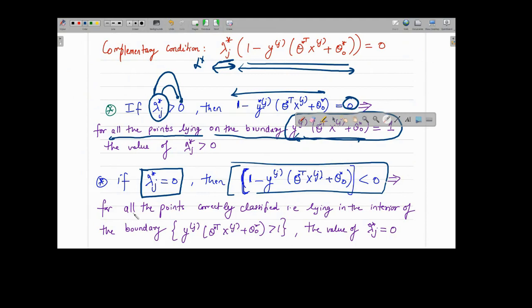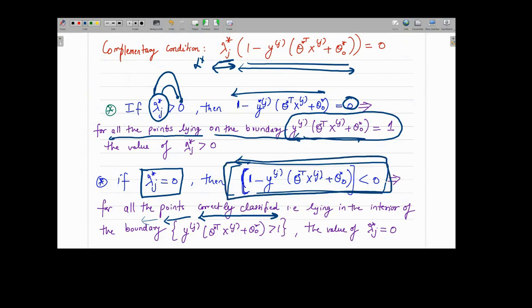all the points which are correctly classified. This is the condition which tells you that the points are correctly classified.